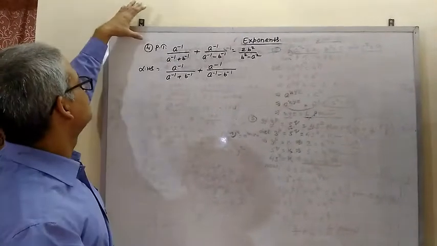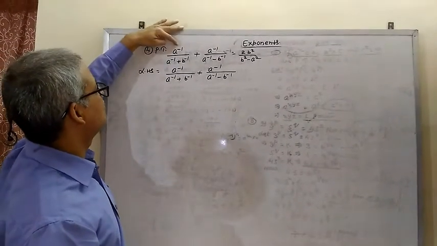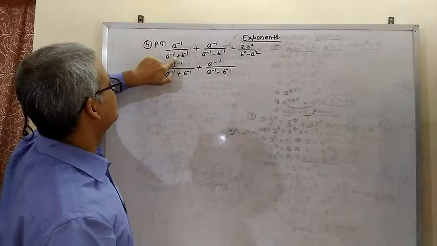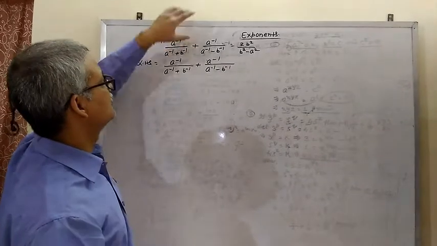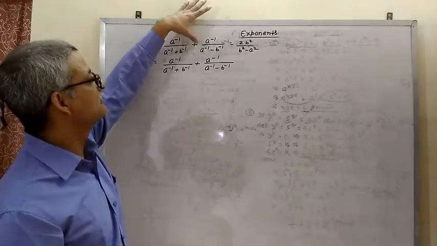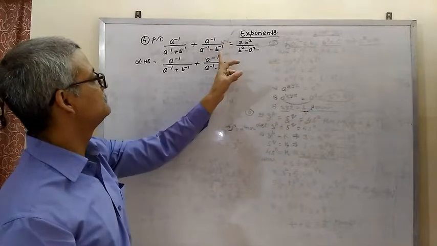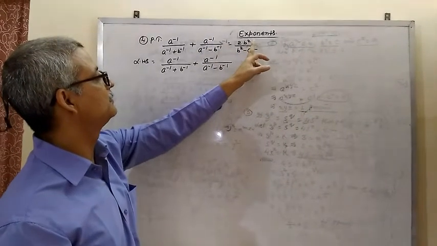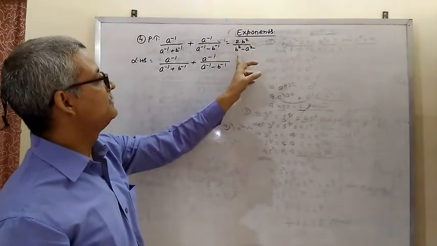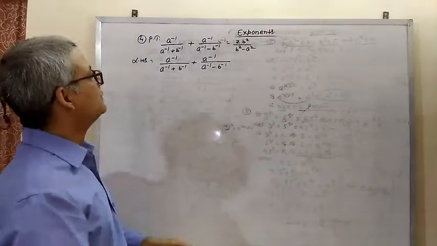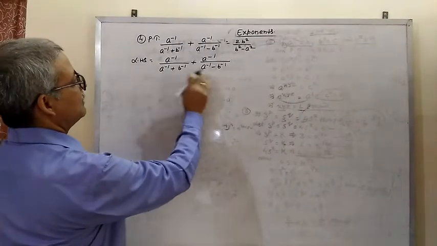Now question number 4 is, prove that a to the power minus 1 by a to the power minus 1 plus b to the power minus 1, plus a to the power minus 1 by a to the power minus 1 minus b to the power minus 1, is equal to 2b square by b square minus a square. Now LHS is equal to, already you have written.